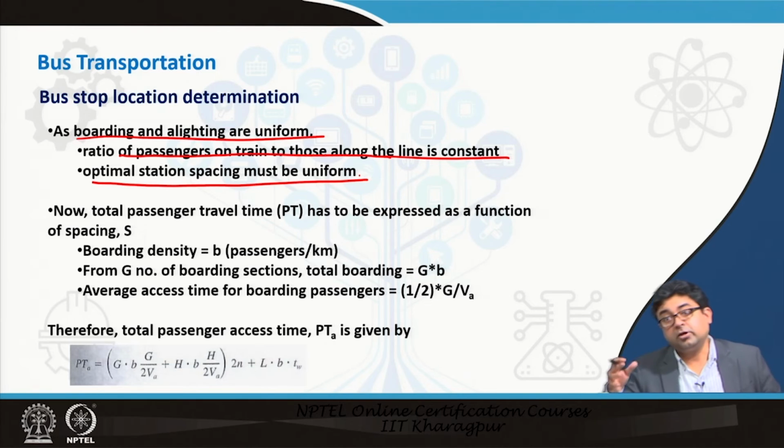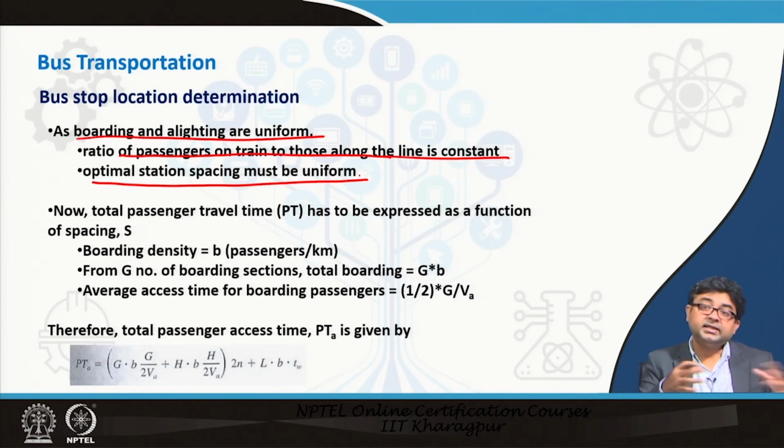We are trying to calculate the station spacing, but in this case whatever station spacing we calculate would be uniform throughout the line. That is a very oversimplistic way of developing it, but at least you understand what are the elements in developing this spacing of the station.